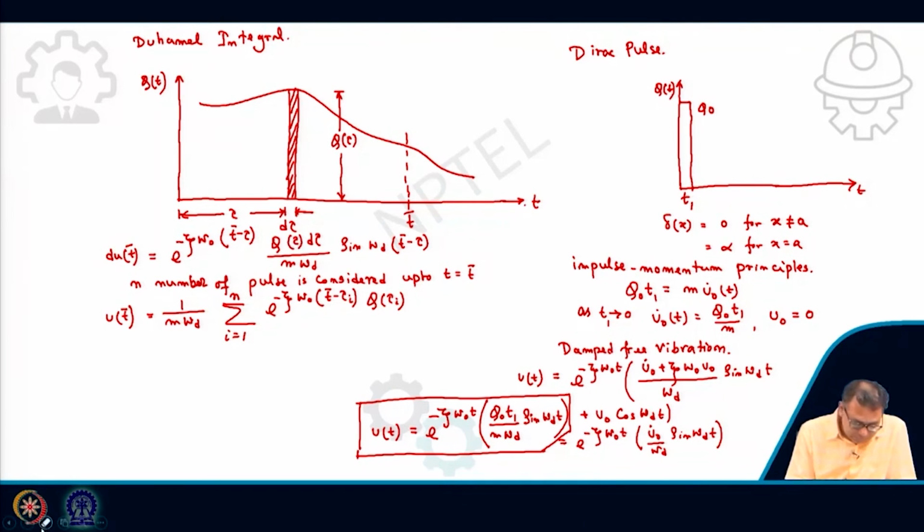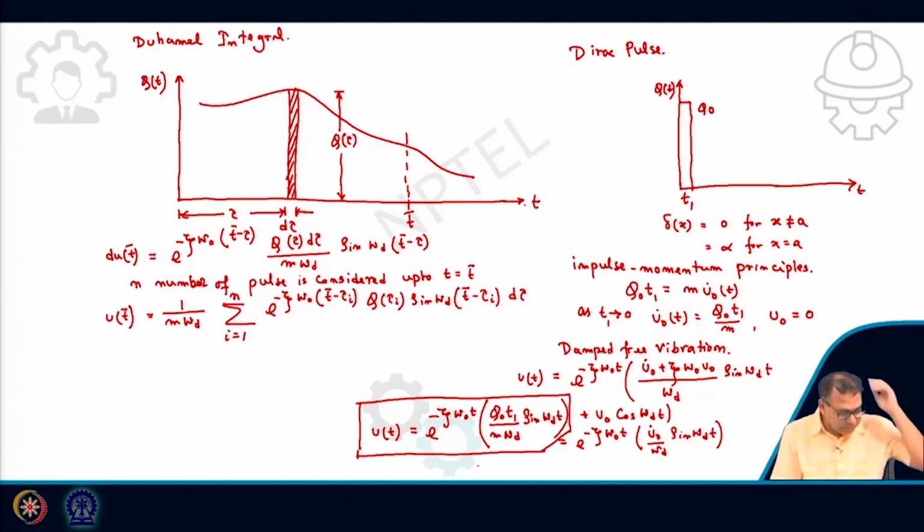Okay. So q tau i, then sine omega d t bar minus tau i, and then there is this d tau. So that will go up to t equal to t bar.